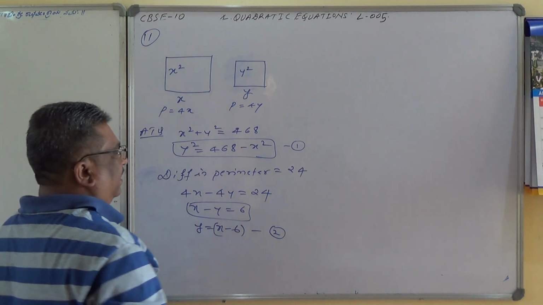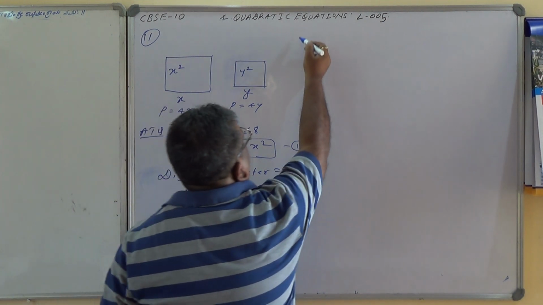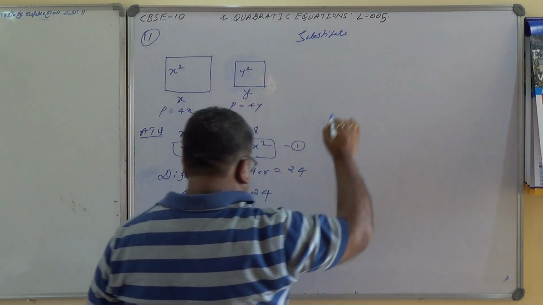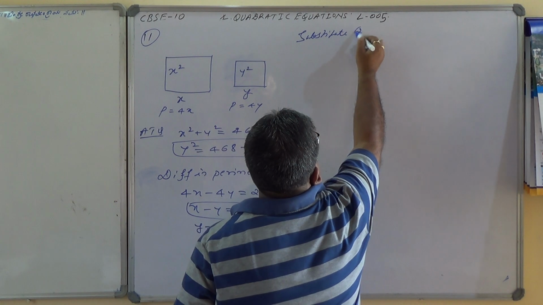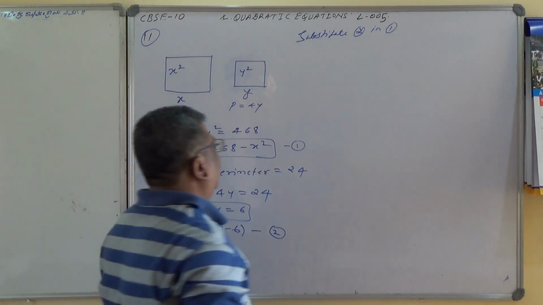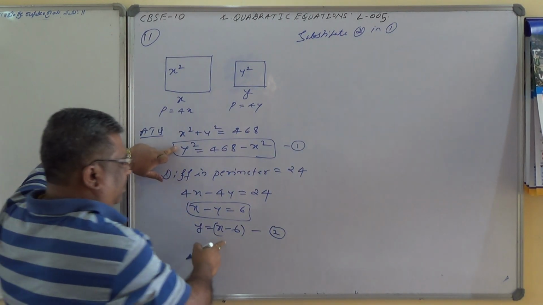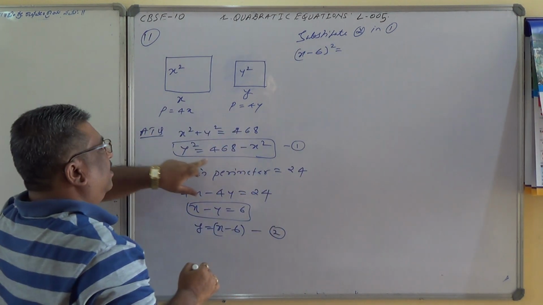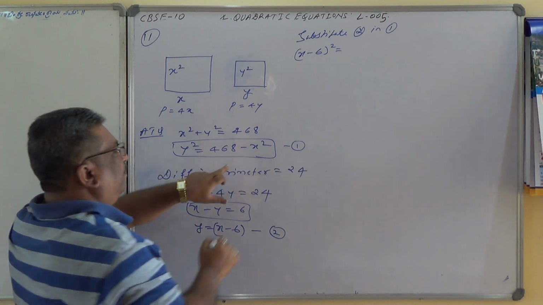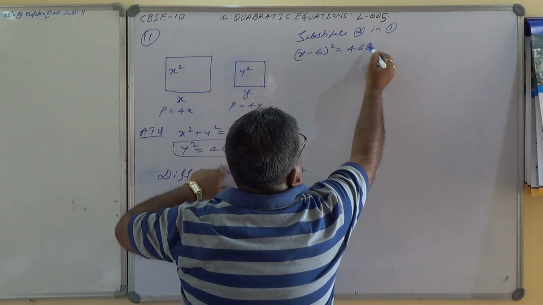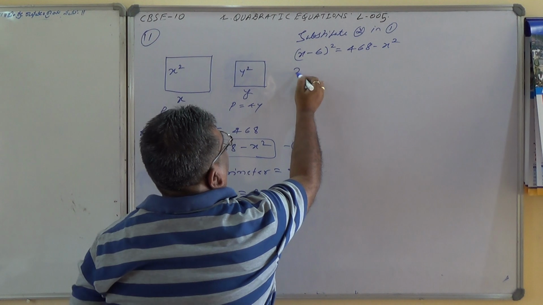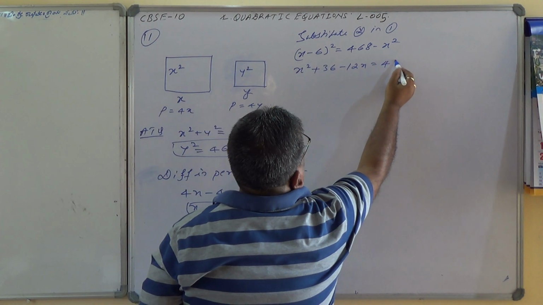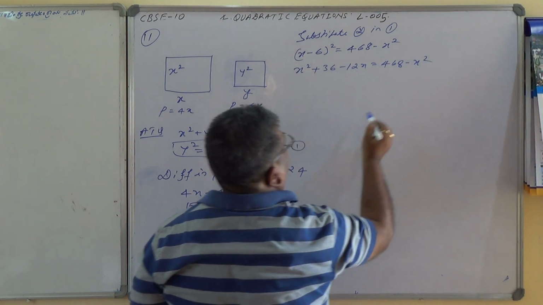Substitute the value of y from 2 in 1. So y square is x minus 6, the whole square, equals 468 minus x square. So x square plus 36 minus 12x equals 468 minus x square.